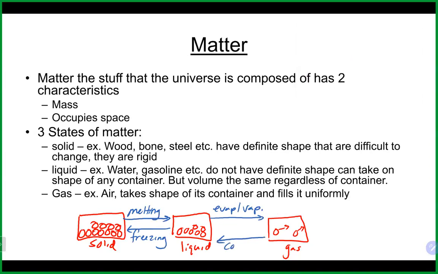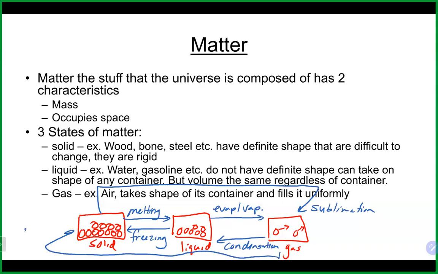Condensation is occurring as we go from gas back to liquid. A solid skipping the liquid part is sublimation. And gas skipping liquid is known as deposition.